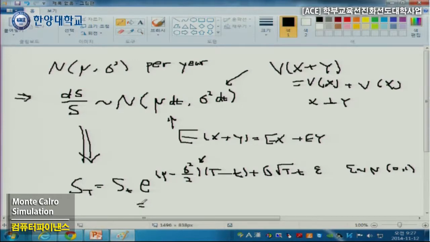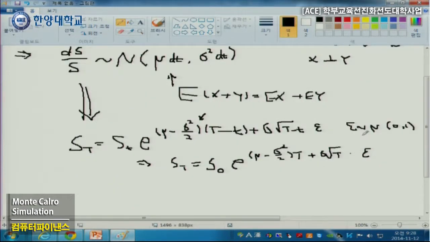More simply, if we express today's time as t, this is a special case, but if today's time is 0, then of course we have mu minus sigma squared over 2, times T, plus sigma root T and epsilon, right? Any question? Is everything clear?